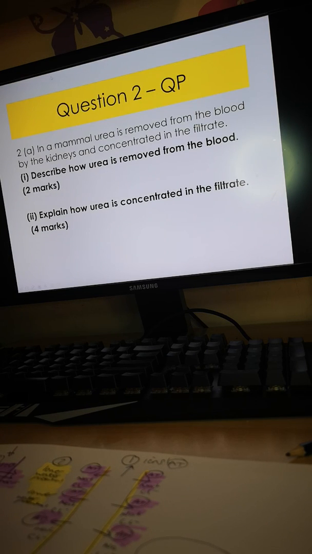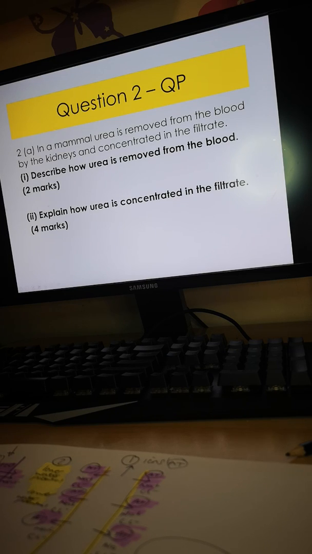Okay, so if you move now into question 2 in your question pack, give this one a go. In a mammal, urea is removed from the blood by the kidneys and concentrated in the filtrate. Describe how urea is removed from the blood and then explain how urea is concentrated in the filtrate. So this goes back to our Bowman's capsule, and this one is what we've just done in the loop of Henle.